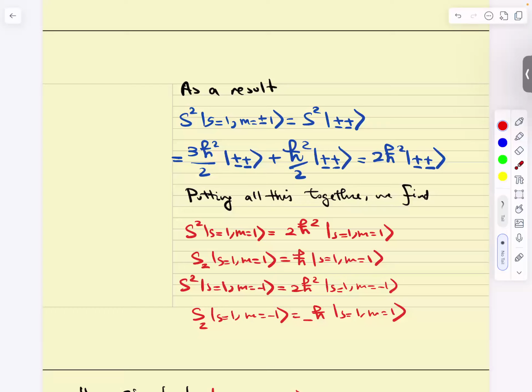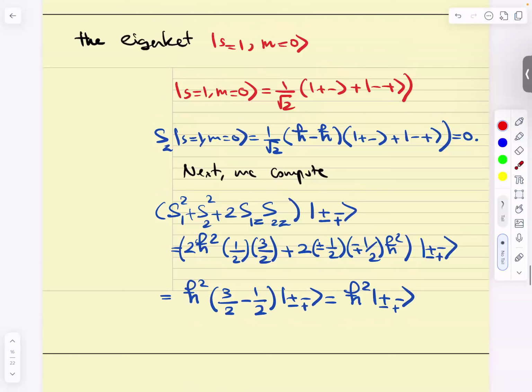So we're missing 1. We're going to find that one. But we had a 4-dimensional Hilbert space to start with, so there has to be yet another vector. All right, good. So what is the eigenket that is spin 1, but M equals 0? Here's that eigenket.